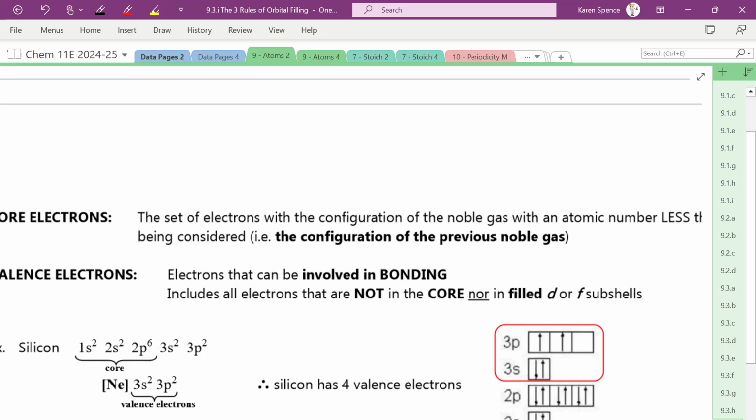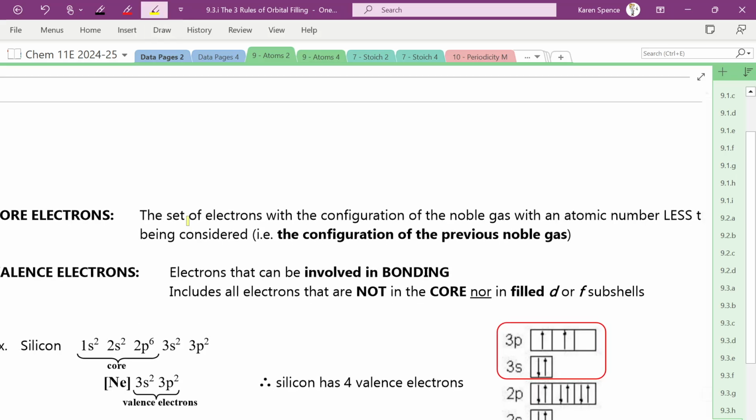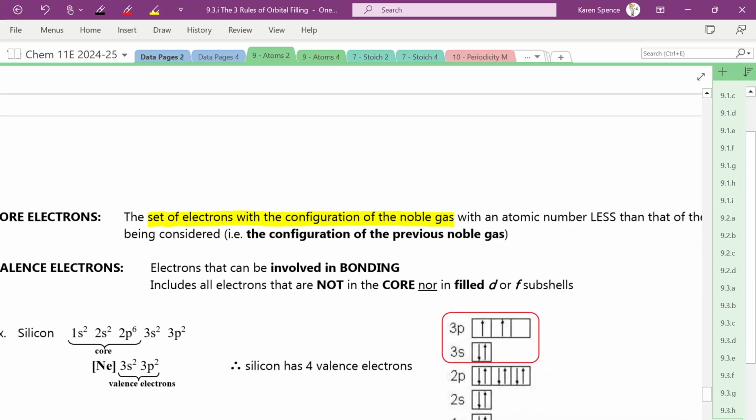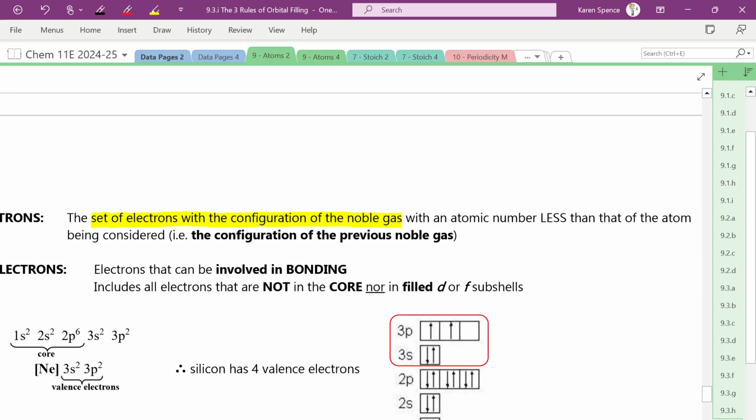Now, what are core electrons? They are the set of electrons within the configuration of the noble gas with an atomic number less than that of the atom being considered. So you remember when we put the noble gas in the brackets? That's the core electrons. Okay?